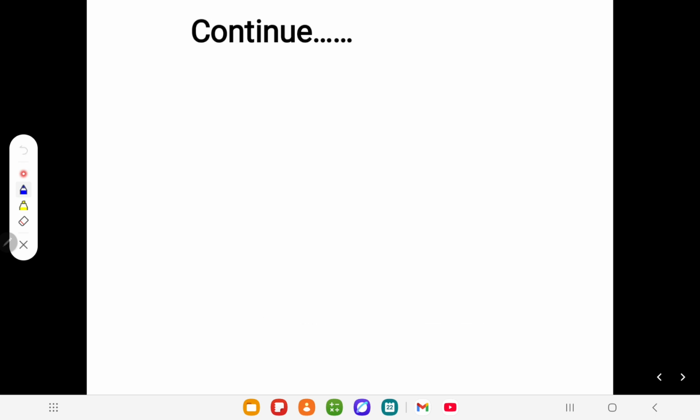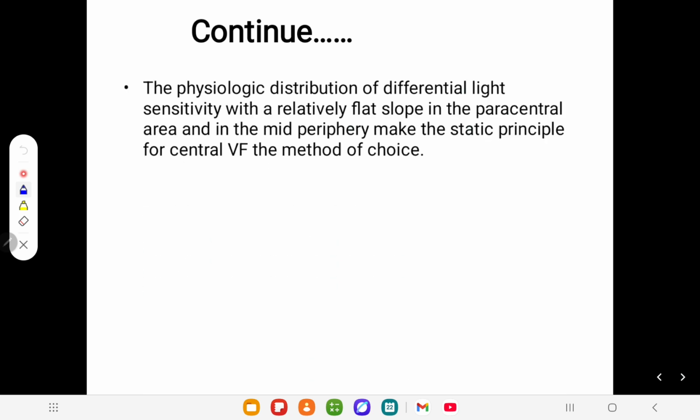It's very important. And again, the physiological distribution of differential light sensitivity, with a relatively flat slope in the paracentral areas and in the mid-periphery, makes the static principle the method of choice for the central visual field. Because if the slope is flat, not that deep, then we definitely choose a static method.